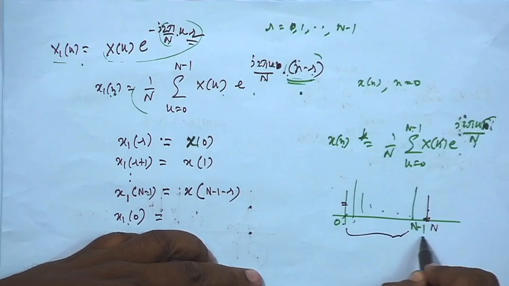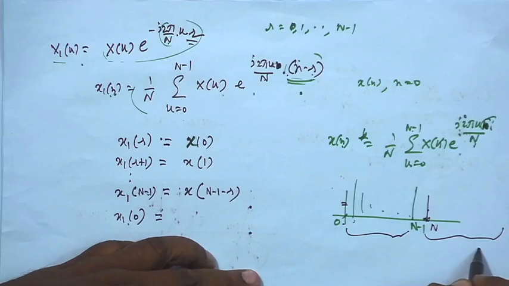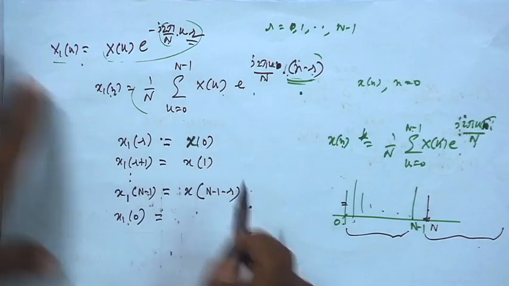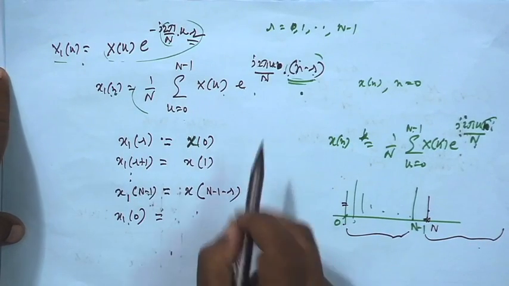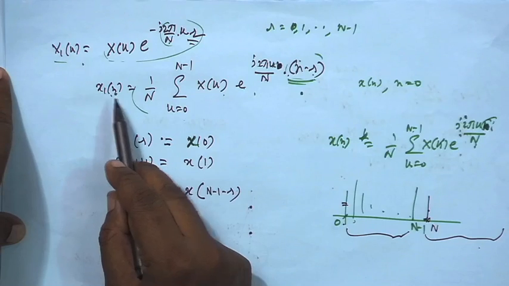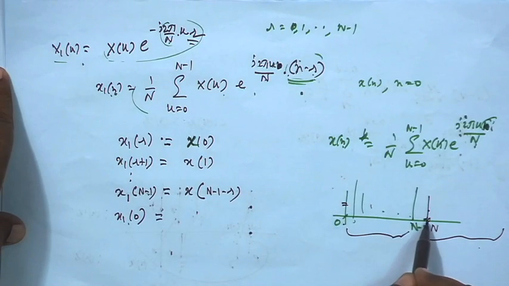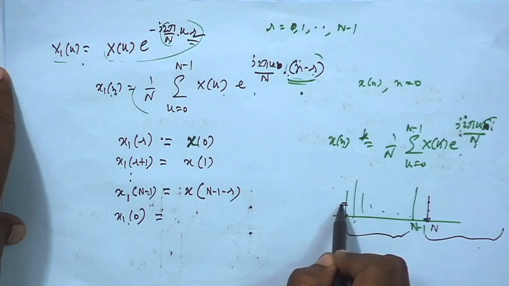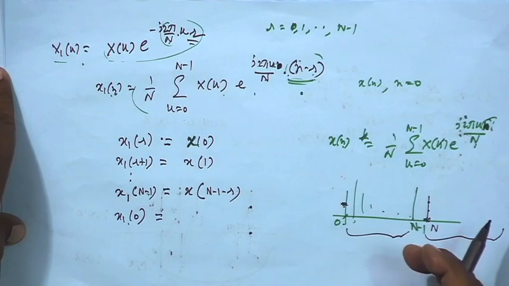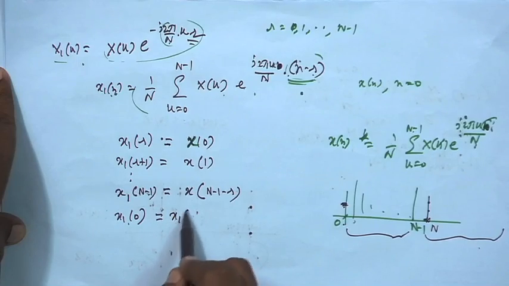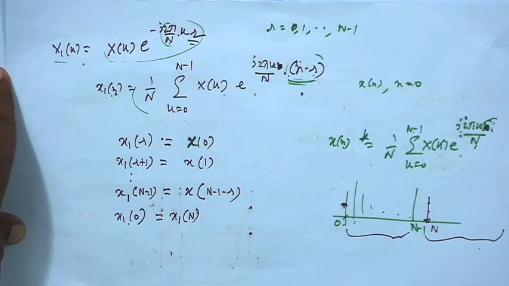This block will be repeating, right, periodic. So, if I take the inverse DFT, but allow the index n to go beyond this capital N minus 1, say to capital N. So, that value x 1 at capital N will be same as x 1 at 0, because of the periodicity.